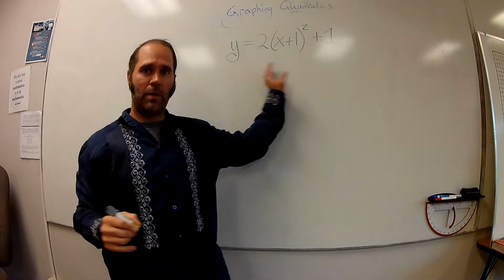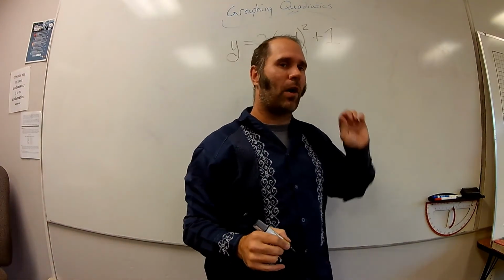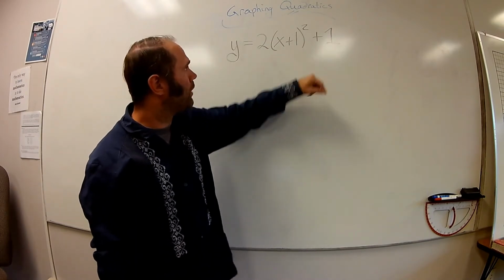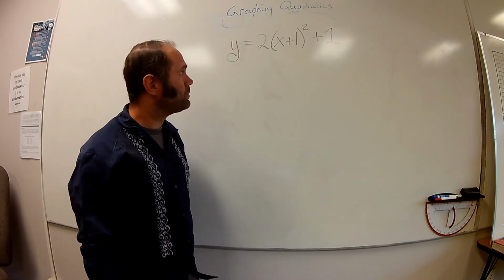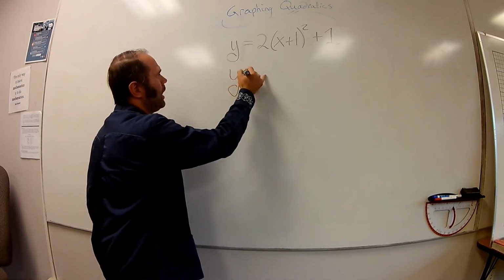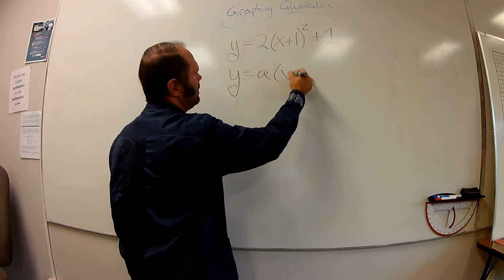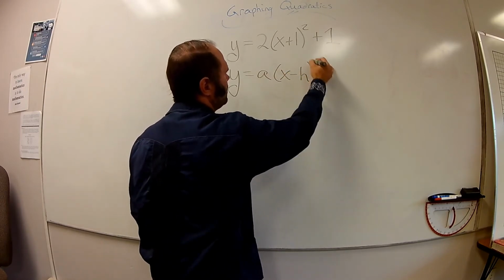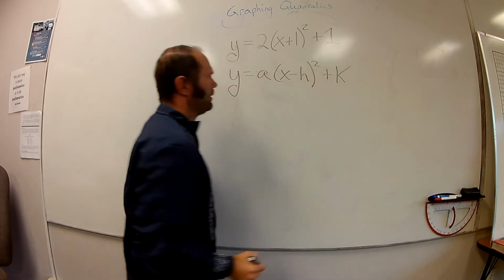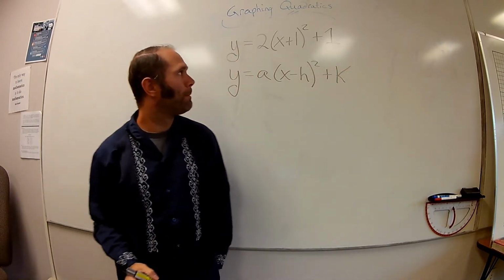All right, this is our next equation. It is already in vertex form. So vertex form is y equals a, x minus h, quantity squared, plus k. Okay?